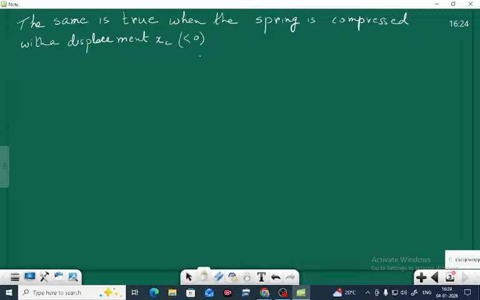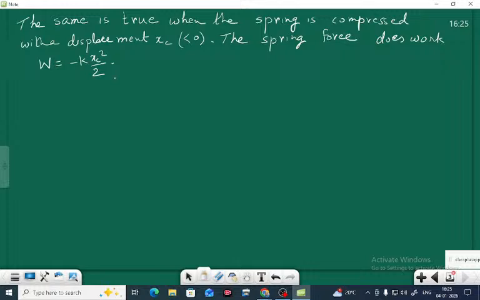The spring force does work W equal to minus k xc square by 2. Same thing apparently.